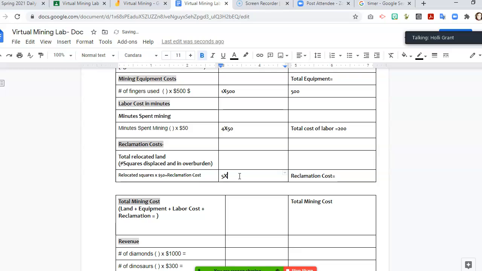So that's 5 times, and I'm charging you $50 because somebody else has to reclaim it for you. Or the environmental engineers are coming in and say, hey, you didn't reclaim that land. That's just a pile of dirt right now. So we're charging you. Okay. So you're just doing the relocated squares times 50, and that is your reclamation cost.